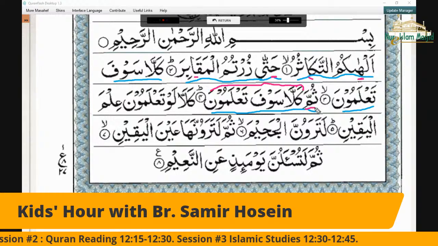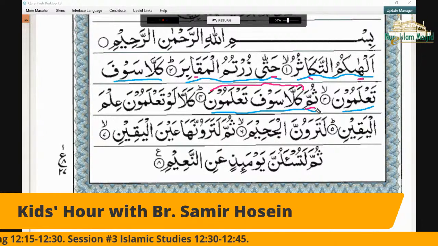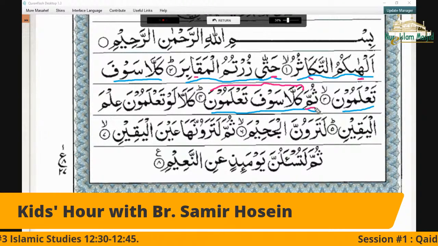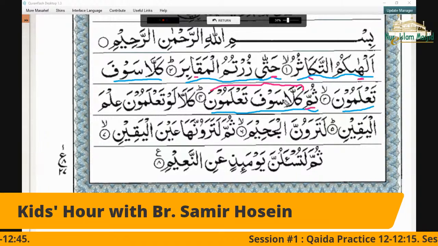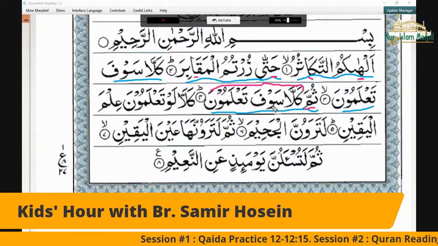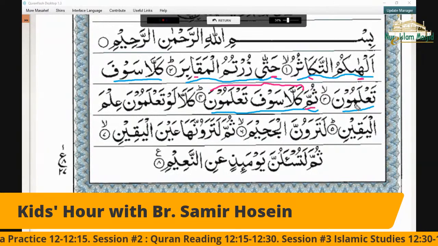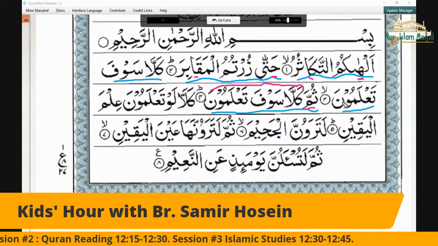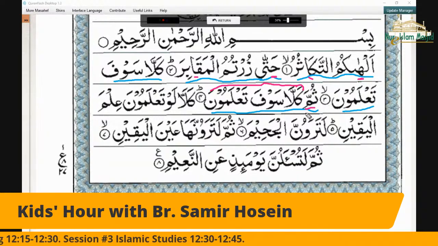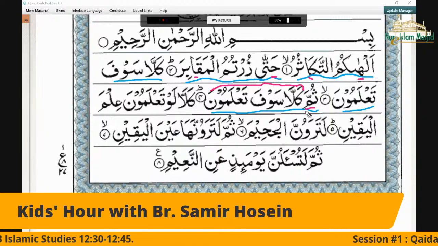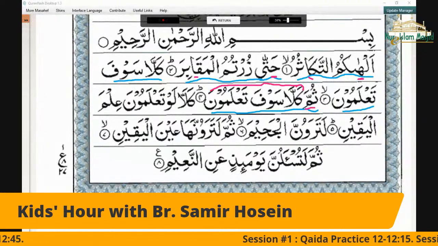This is the manner of Allah subhanahu wa ta'ala using emphasis. You know, when you repeat something, you are trying to emphasize what you're saying. So Allah is saying, kalla sawfa ta'lamun. Certainly you will soon know, or rather, nay, you will soon know. Thumma kalla sawfa ta'lamun. And again, you will soon know. Okay, let's move on.